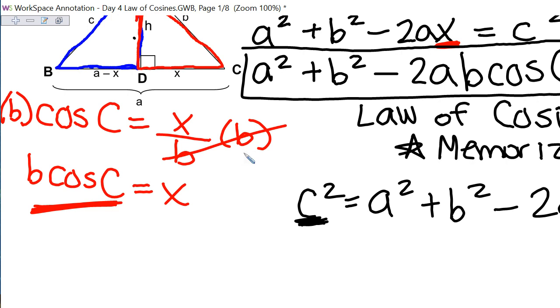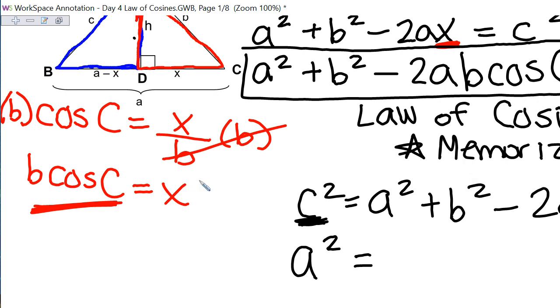A and B. So it's going to be c squared equals the other 2 sides squared, which is a squared plus b squared, minus 2, and then we'll use the AB again, and then there's going to be the cosine of the third one, which is C. Now the other 2 versions are going to be very similar to that. So if I use the formula with the a squared, then this needs to be cosine of angle A.